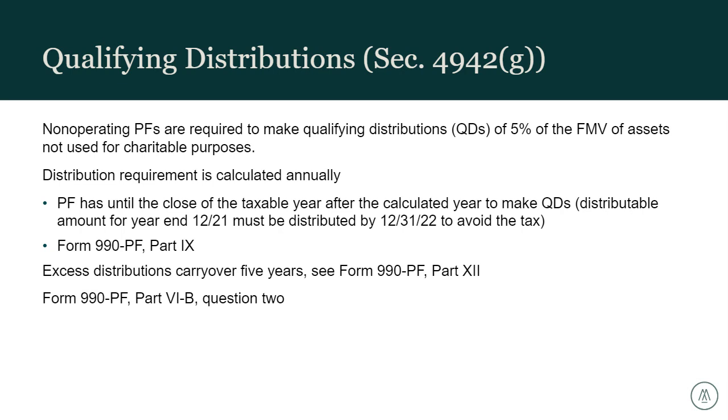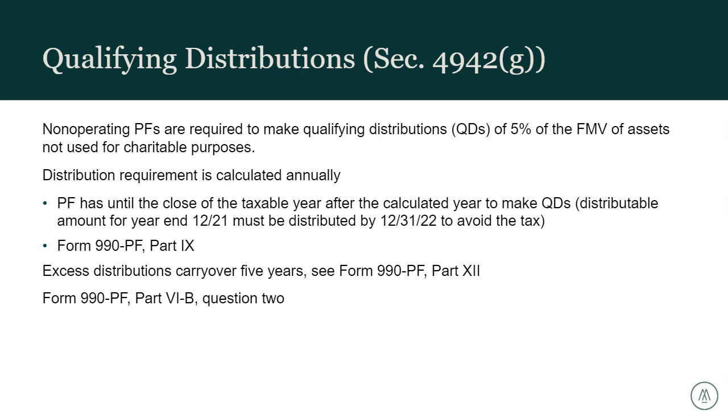But the nice thing is, and we do have some older dates in here, but just to bring it current, if you're currently working on your Form 990-PF for your year that ended December 31st, 2022, you will calculate the amount of your distribution requirement, and you have until 12/31 of 2023 to make those qualifying distributions.